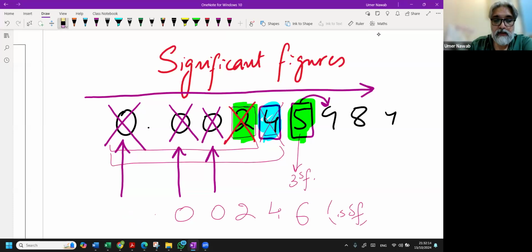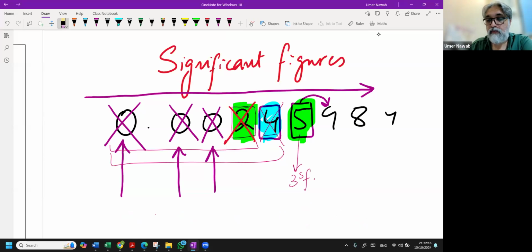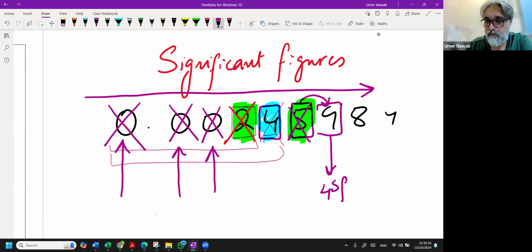And I will repeat this question for rounding this number to four significant figures. I hope you can do it by yourself, but let's do it together. Now, this number is located at the fourth significant figure.